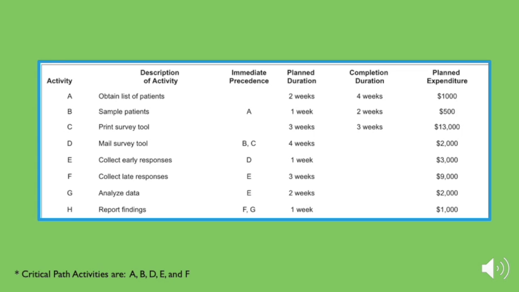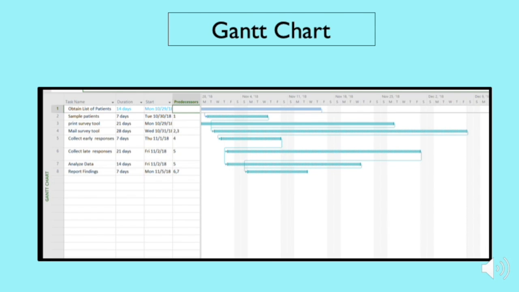It is also important to acknowledge which activities are on the critical path, which are A, B, D, E, and F. This chart gives us many different types of information, such as the description of the activity, the immediate precedence, the planned duration, completion duration for the first three activities, and planned expenditures.